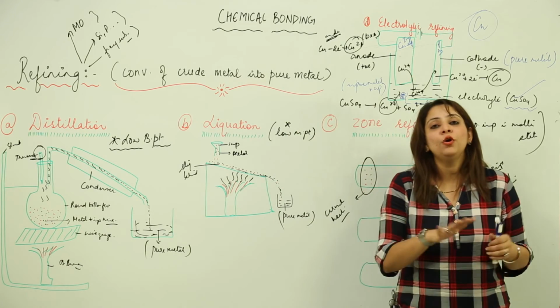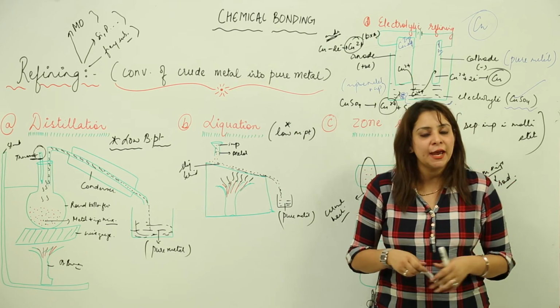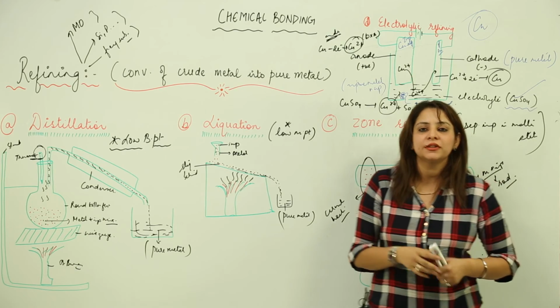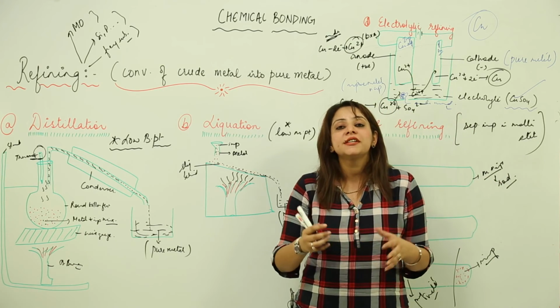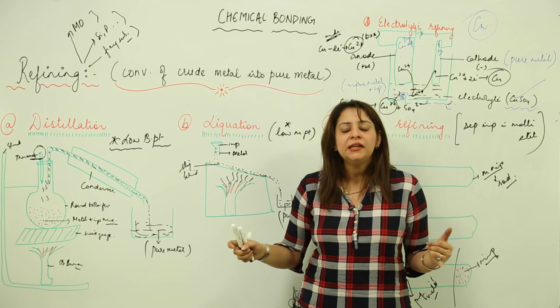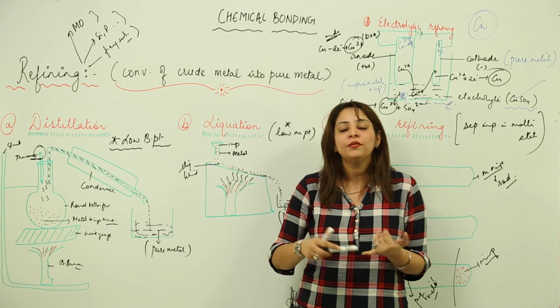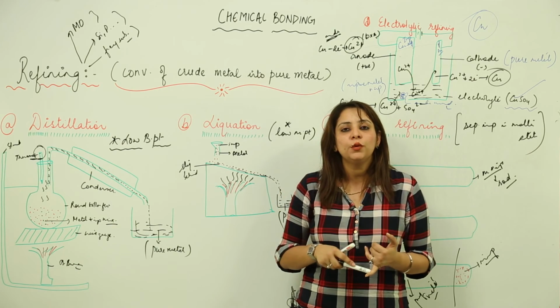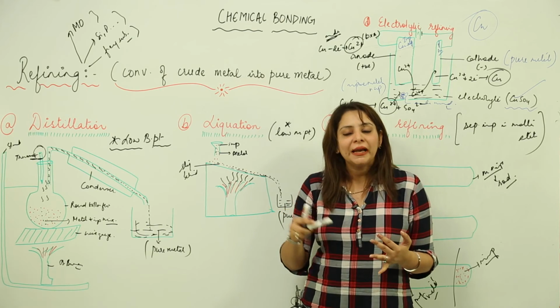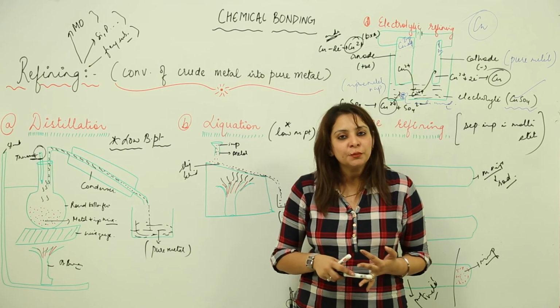So we have already covered the metallurgical steps. First, the zero step, which I consider was the grinding of the ore. The second was the concentration of ore, which we did with hydraulic washing, froth flotation, magnetic separation, and the leaching process, right?